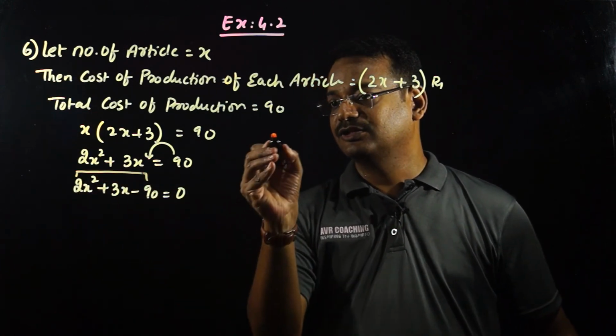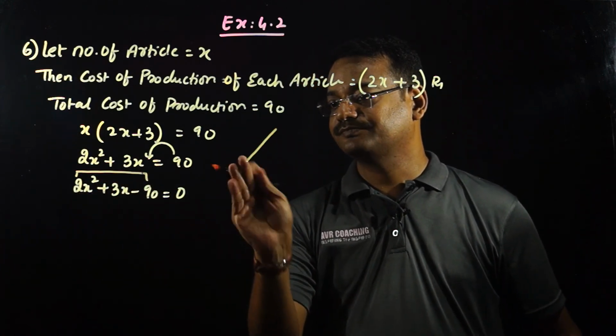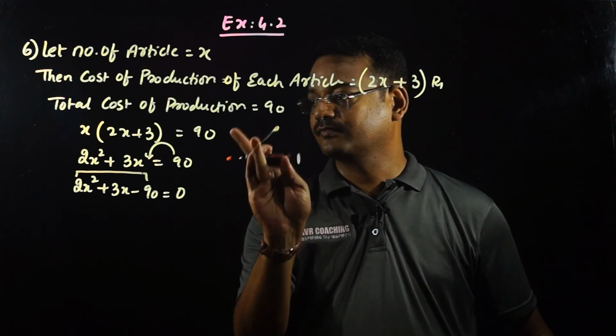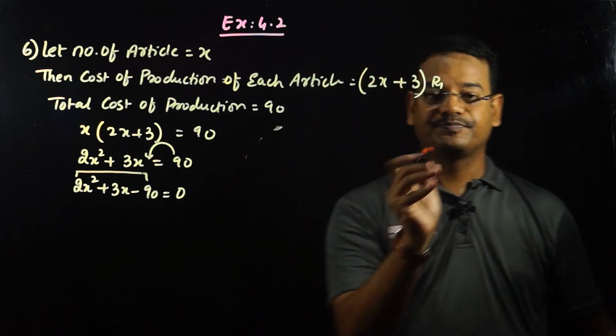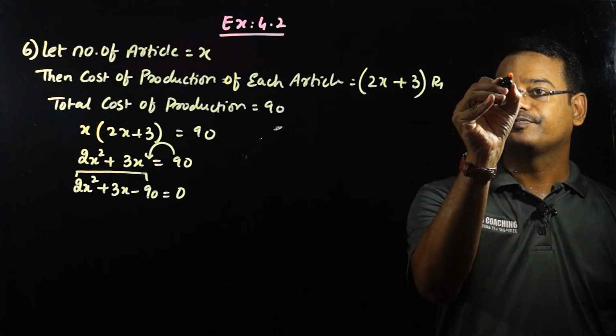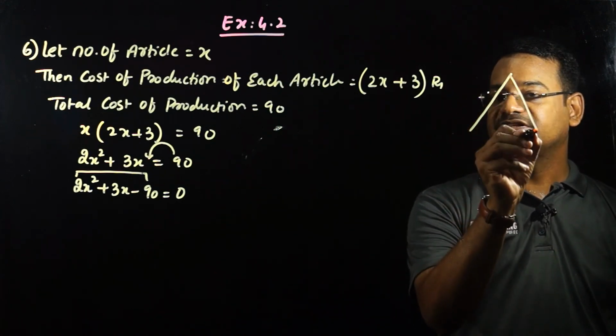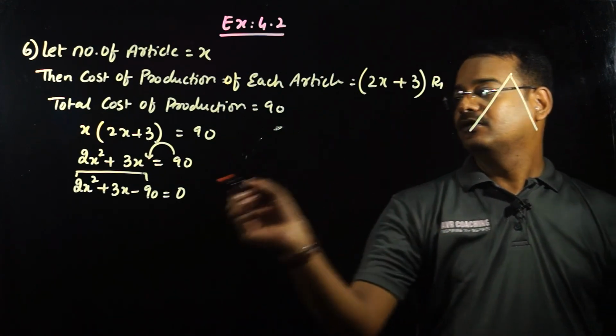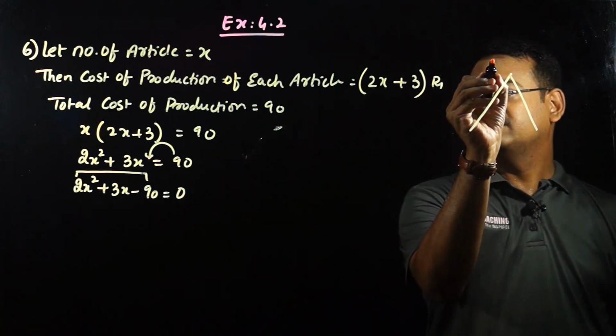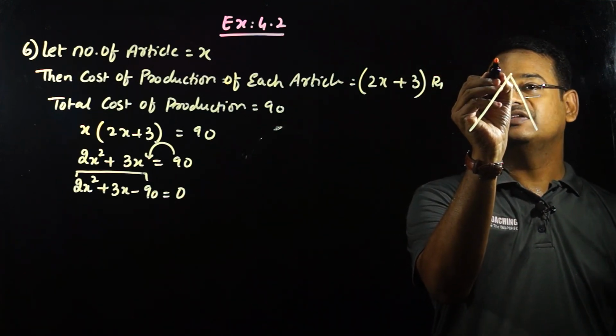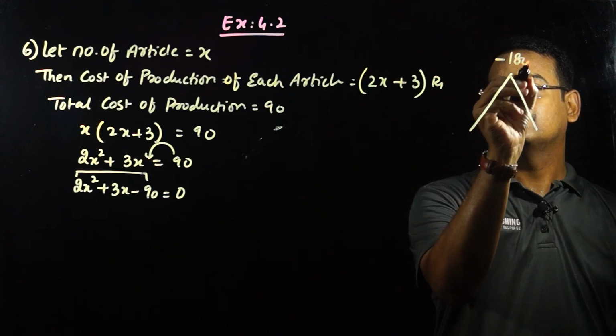Now we'll factorize this quadratic equation. The product of the first term and the constant term is 90 into 2, which is minus 180.